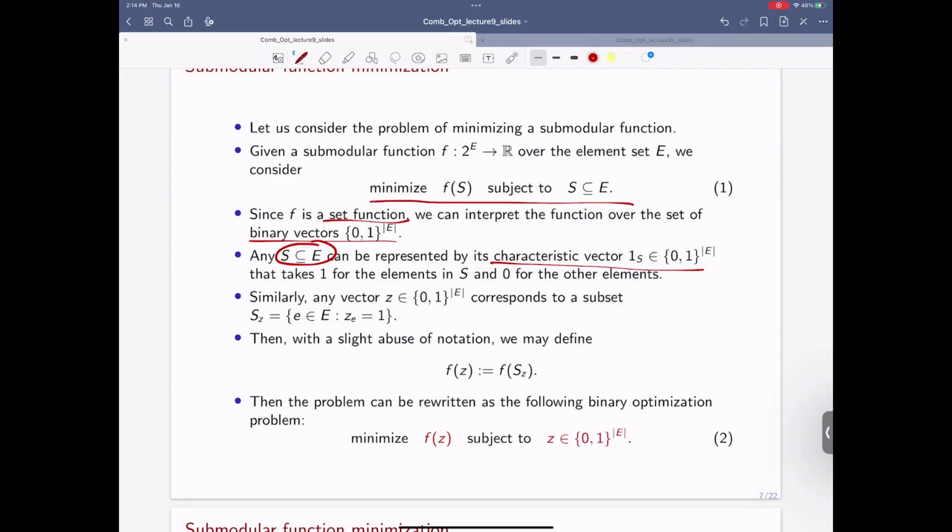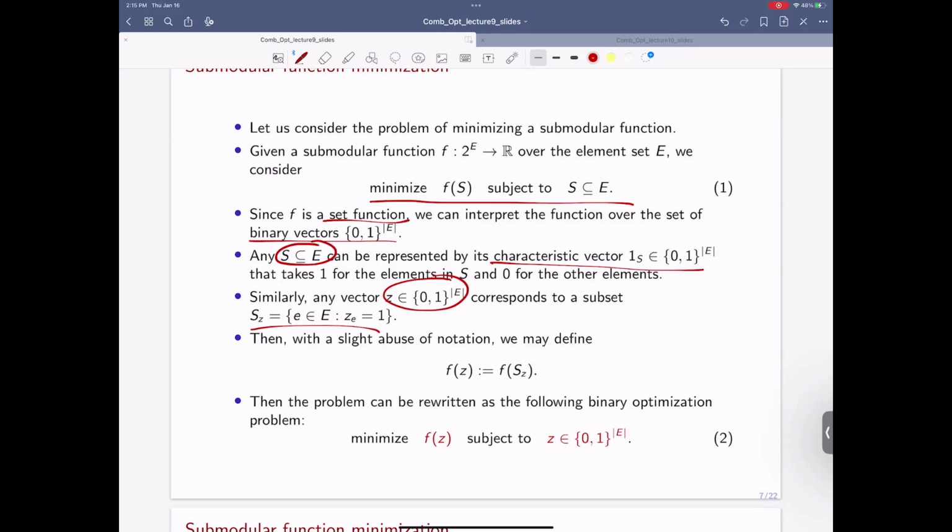So you have an E-length vector, and for each coordinate that corresponds to an element, you assign a value 1 if that element is part of your subset, 0 otherwise. Conversely, any 0, 1 vector corresponds to a subset of elements. Basically, you take the set of elements whose values are 1.